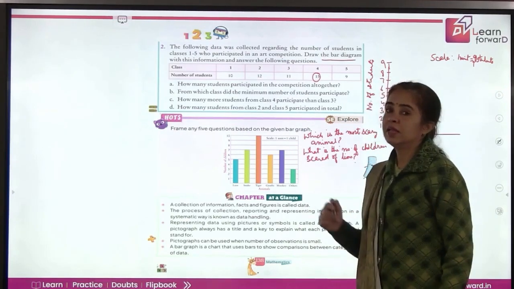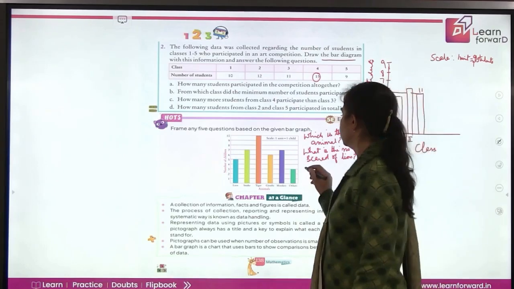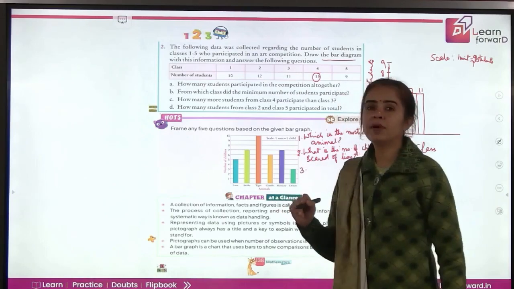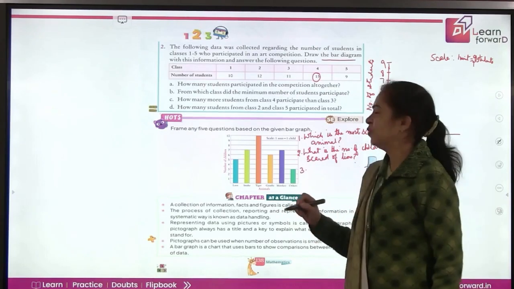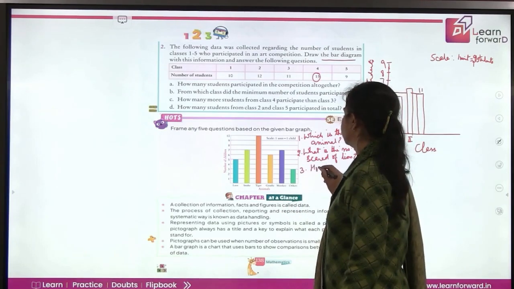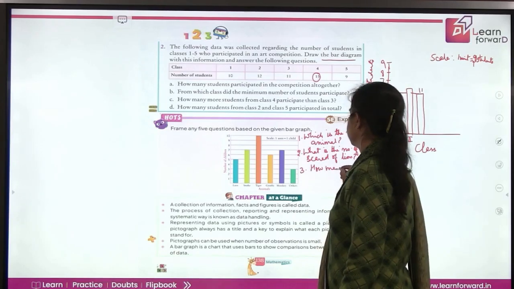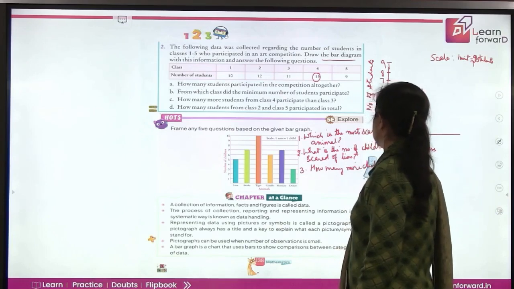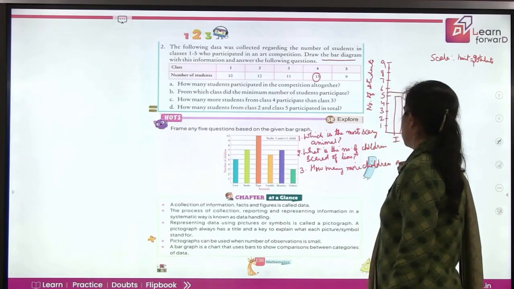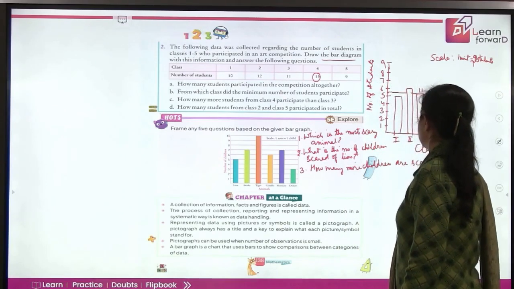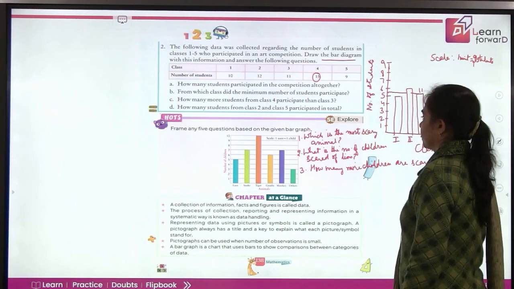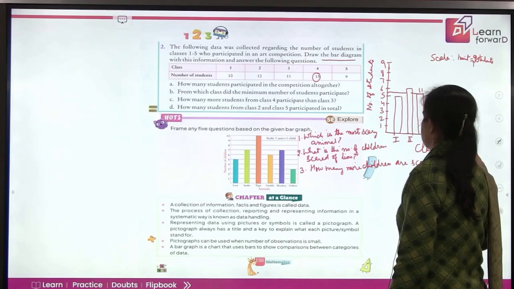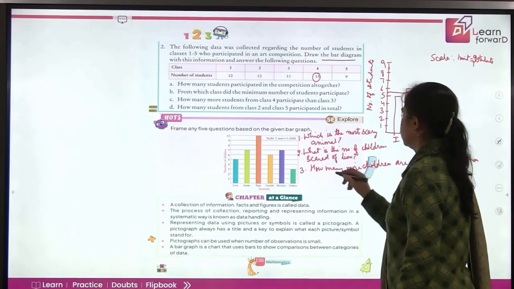Fine. Then you can compare also. First question is this, second question is this. What comparison do you want to make? Okay. How many more children are scared of tigers than monkeys?